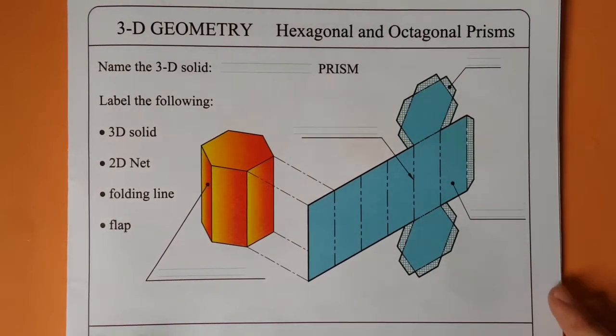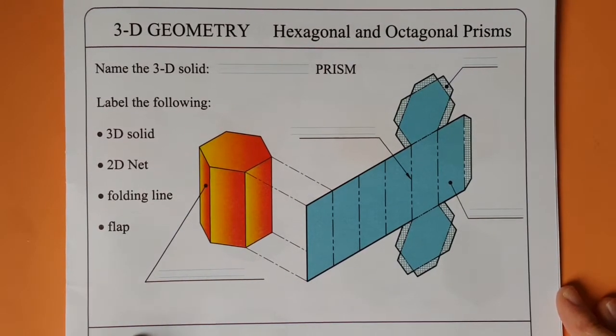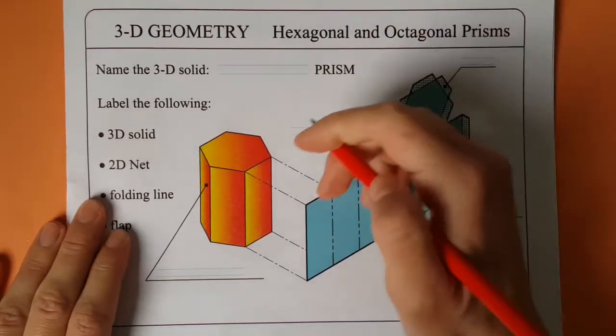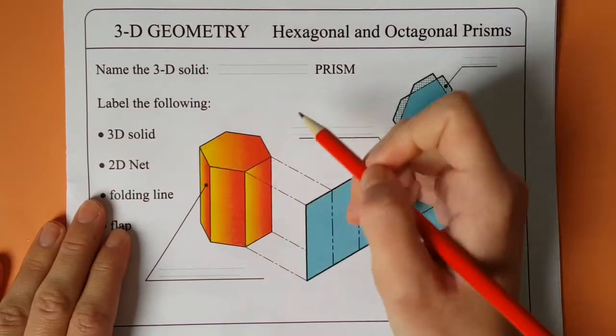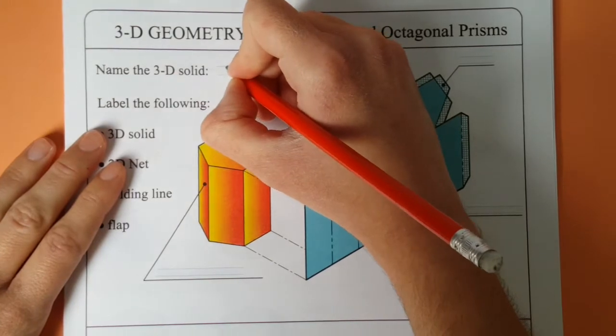Next we have another 3D solid prism with a profile of a shape which has 6 equal sides. Therefore, we have a hexagonal prism.